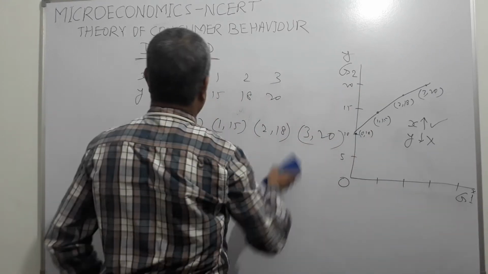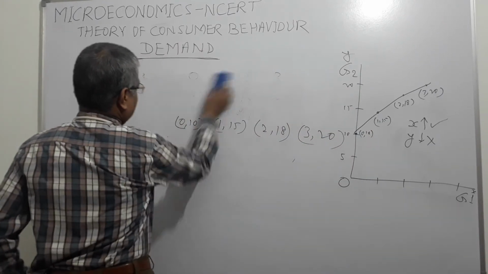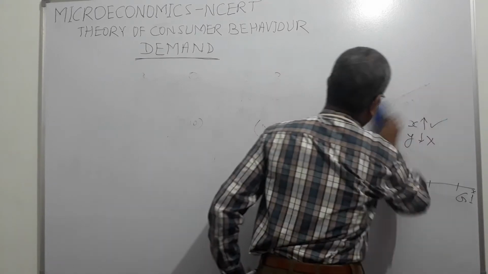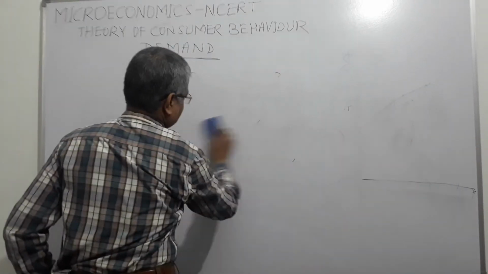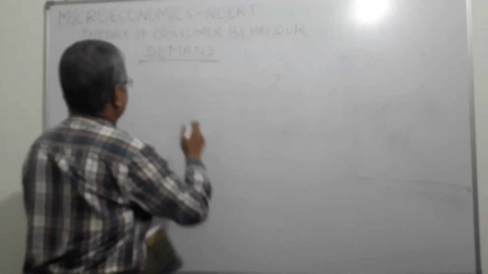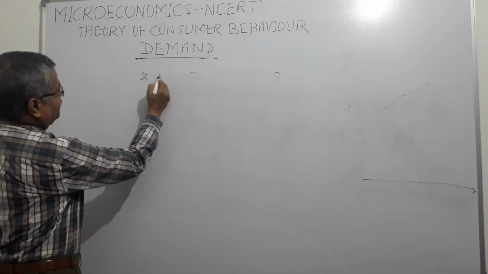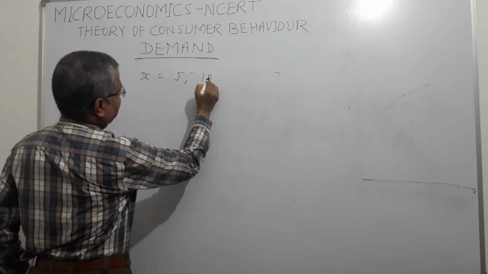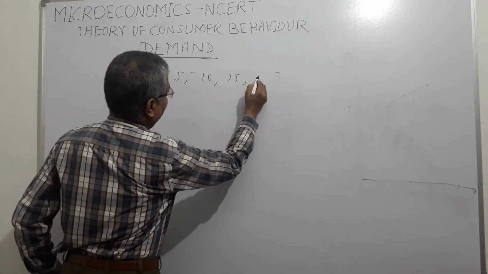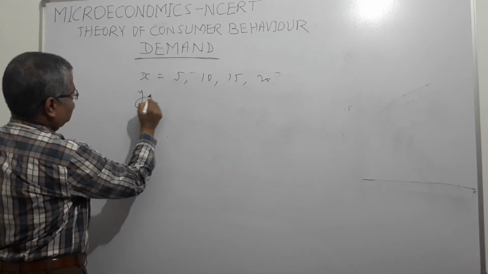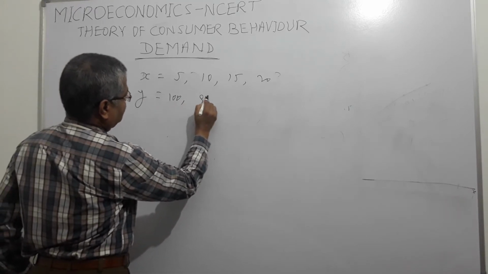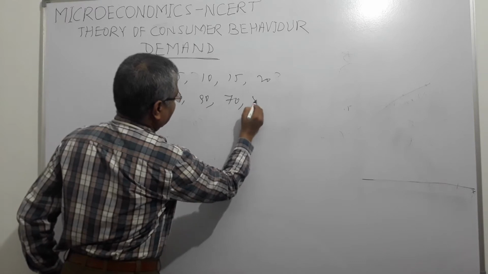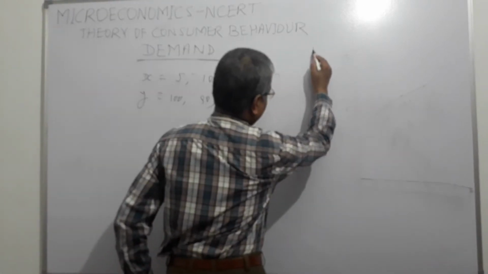Let us take another example. X is equal to 5, 10, 15, 20. Y is equal to 100, 90, 70 and 40. Plot it.